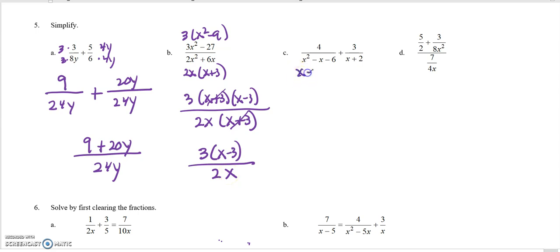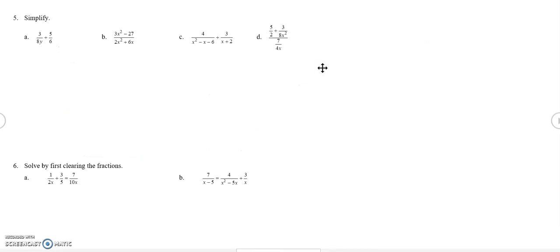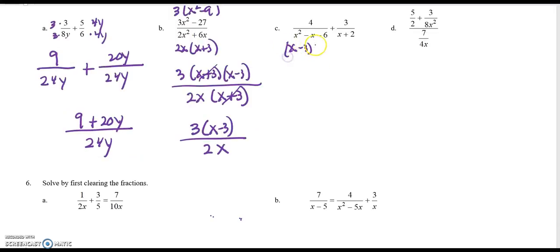If I factor this, I get x minus 3 times x. Sorry about that, not sure what happened. That'll factor. Because that's plus, we need a common denominator. And it will be x minus 3 times x plus 2. So the first fraction already has that denominator.